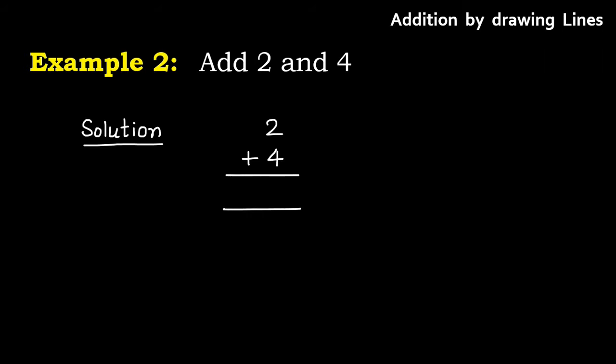First number is 2, I will draw 2 lines. Second number is 4, I will draw 4 lines here. 1, 2, 3, 4. After drawing lines, we will count all lines.